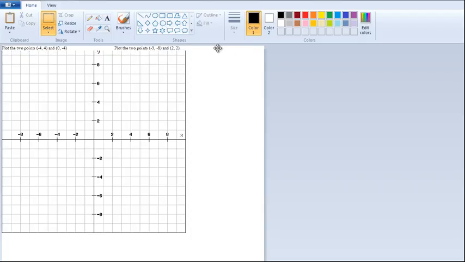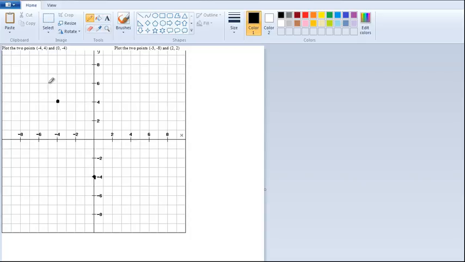I'll put them here. Okay, first let's plot the point minus 4, 4. Minus 4, 4. And then 0, x is 0 here. And then minus 4 on the y-axis is here.